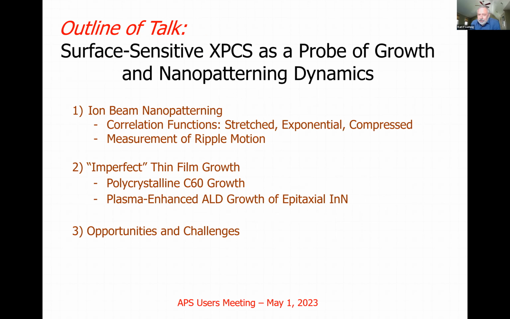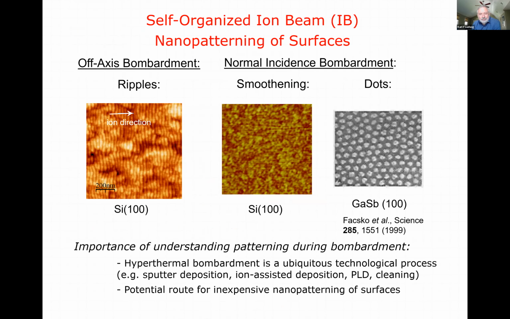So quickly, I'm just going to mention some work we've been doing in ion beam nanopatterning, some work we've been doing in what I here call imperfect thin film growth, and I'll come back to that, and then opportunities and challenges. In ion beam nanopatterning, I sometimes call it the simplest experiment in condensed matter physics.